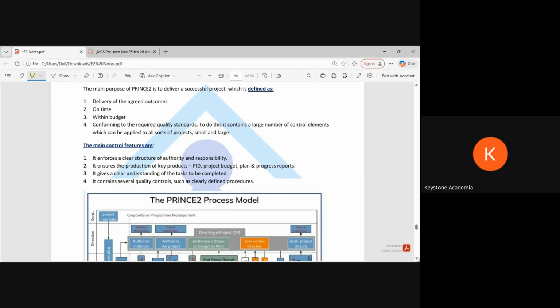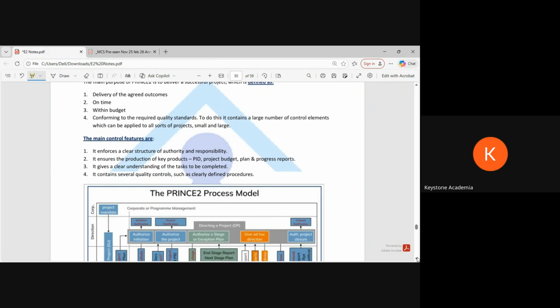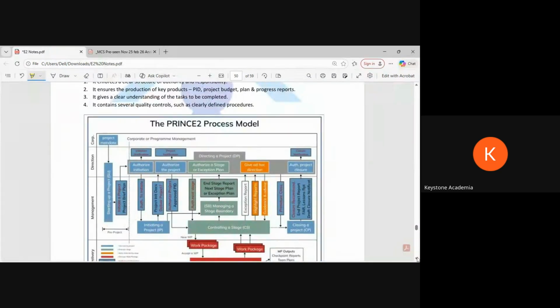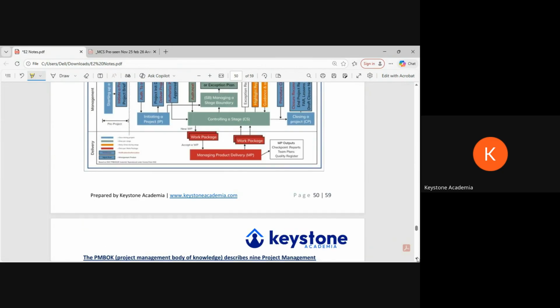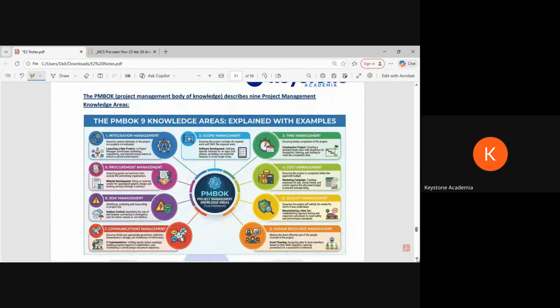It also takes care of the quality, so we don't have to do it again. If you want to understand this specifically, maybe a video can help you, but it's not required for us. PMBOK is something similar. They are working in a different way. Project management knowledge areas.